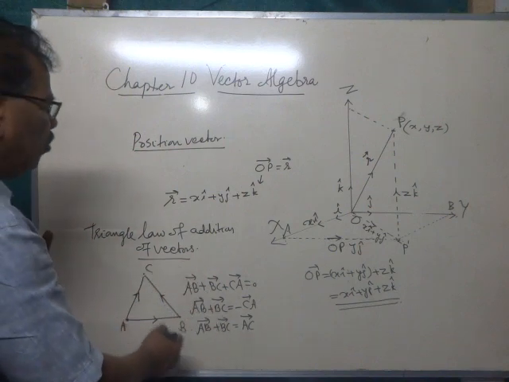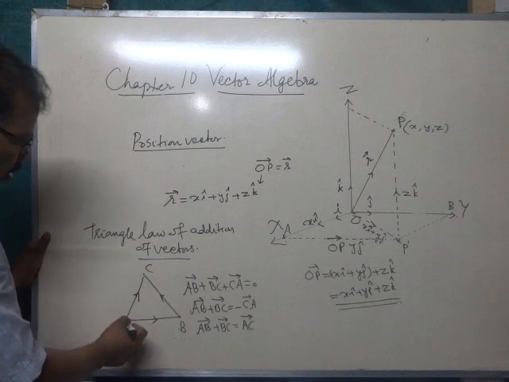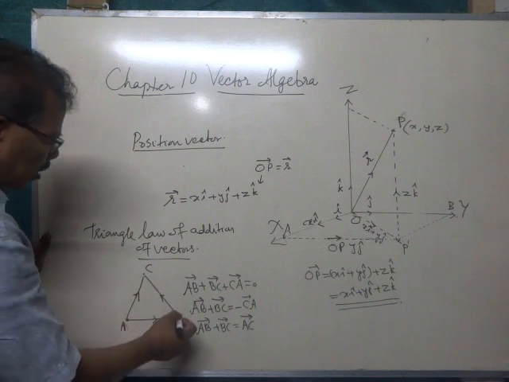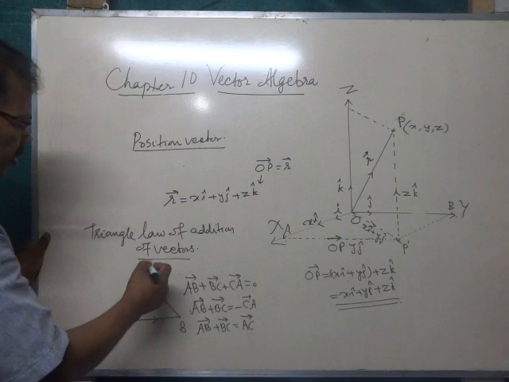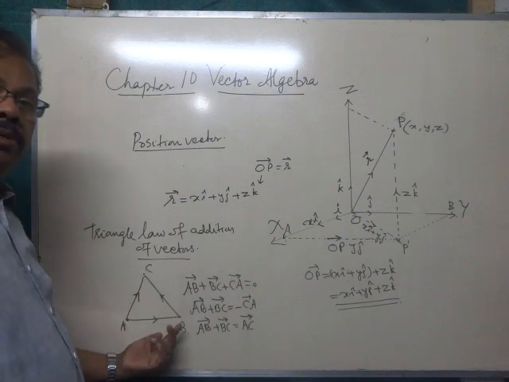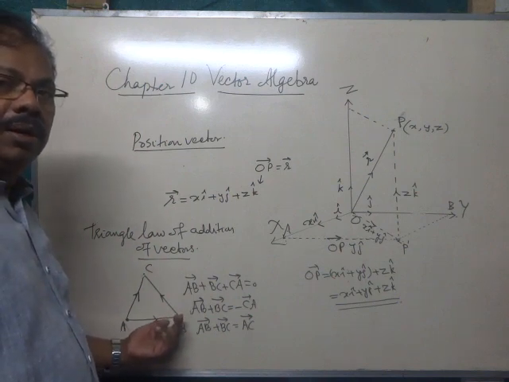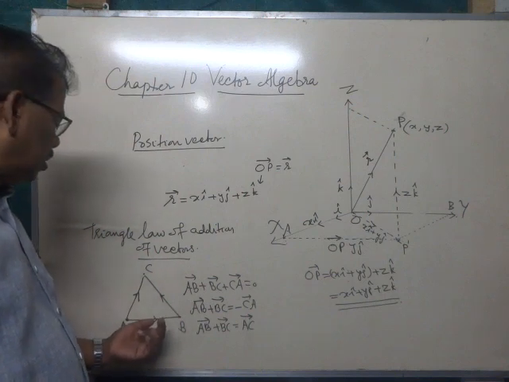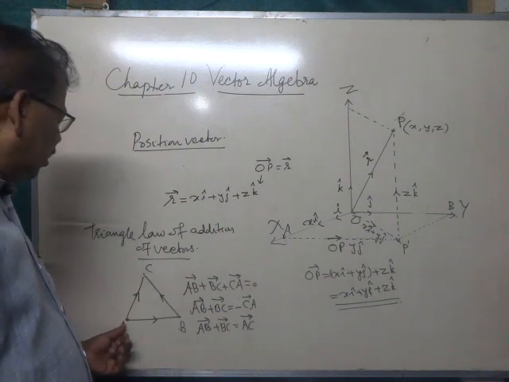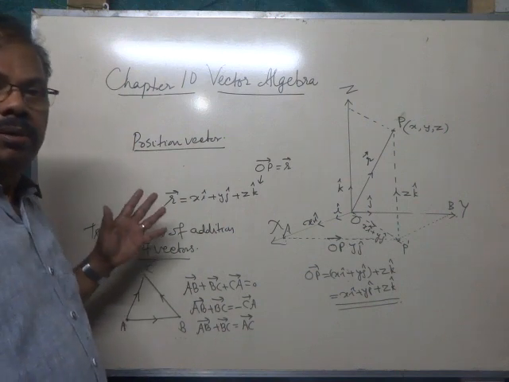In triangle law of addition of vectors, we say vector AB plus vector BC is equal to vector AC. That is, if two vectors represent the two sides of a triangle, then their sum will be represented by the third side of the triangle taken in the reverse order.